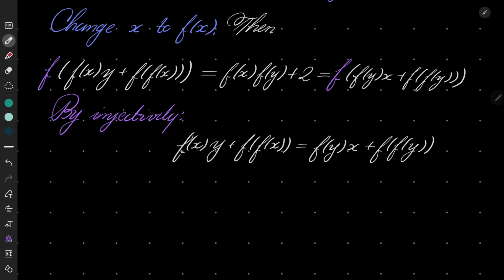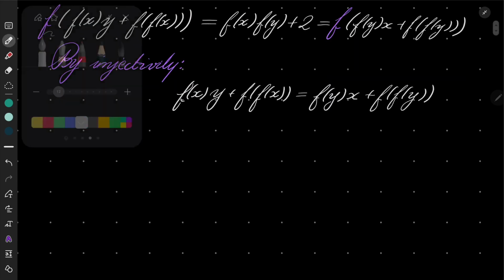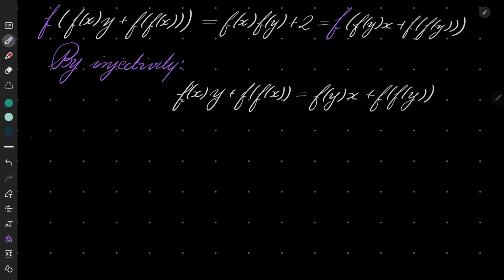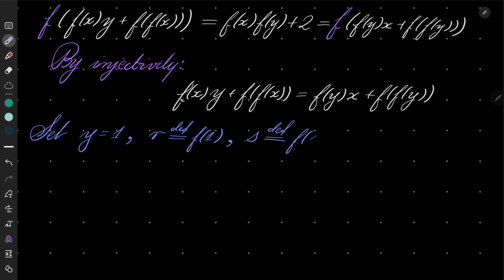Okay, now we know something. And you know what? First of all, let's set y to be 0, and moreover, I don't want to write too many symbols, so I will also set r, which is by definition f of 1, and s will be by definition f of 1.